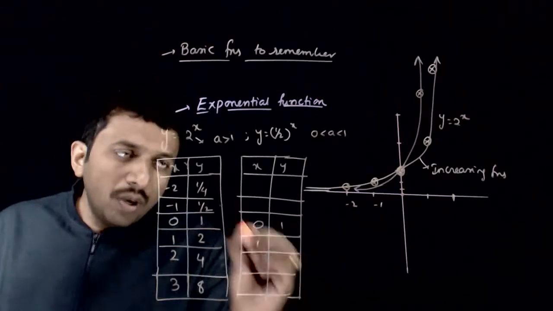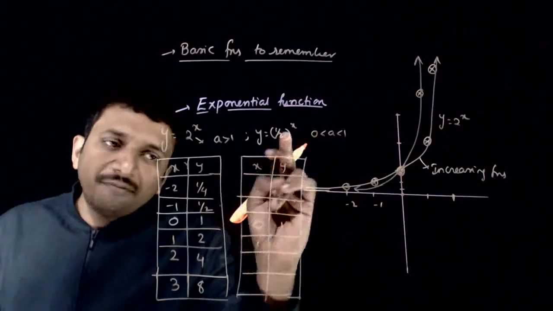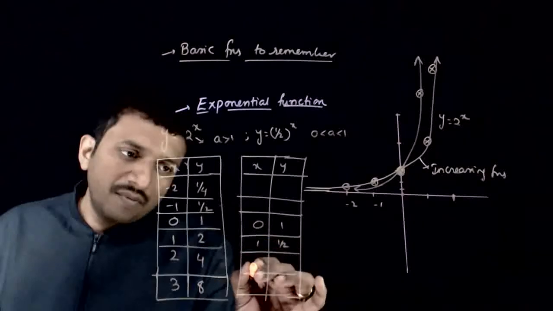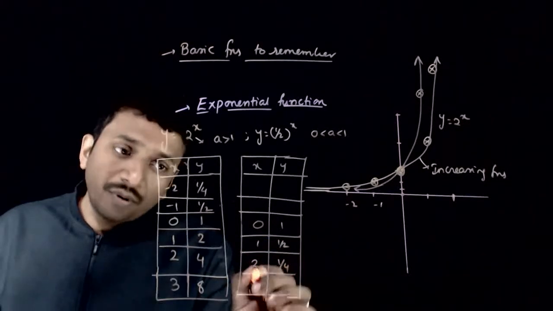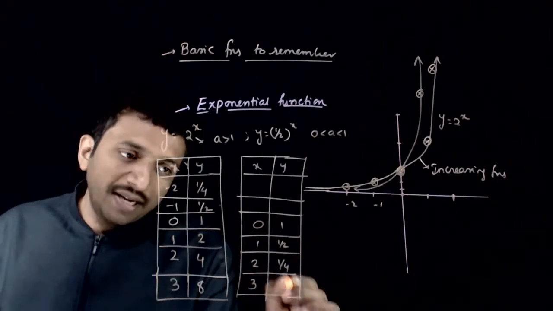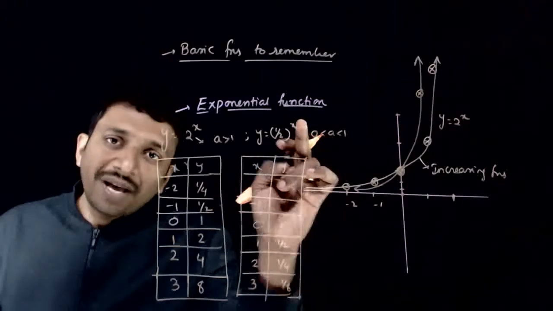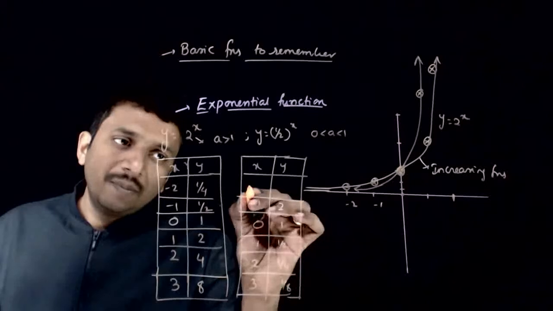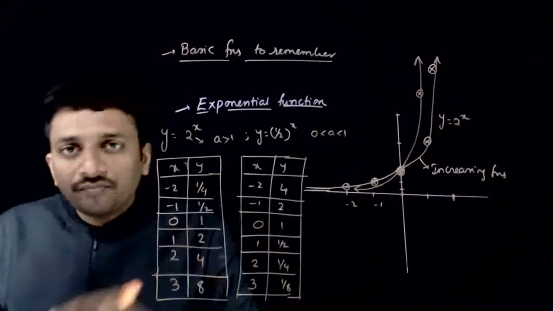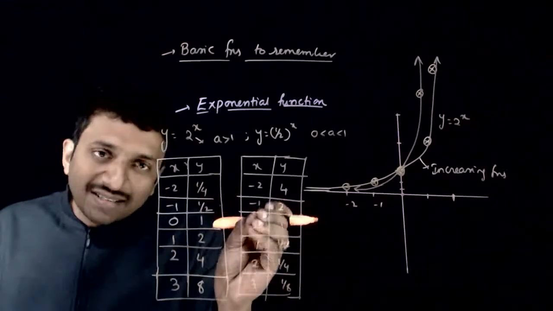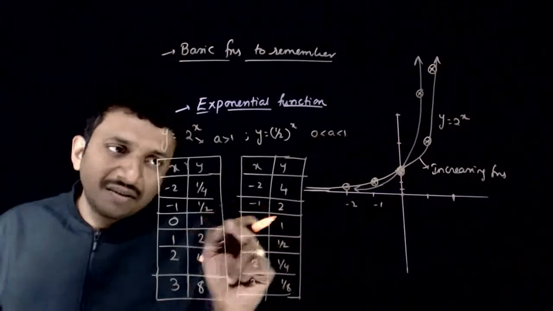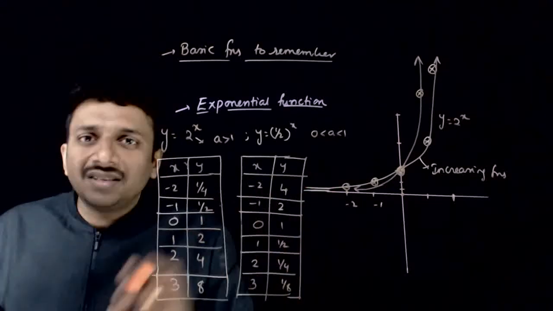When x is equal to 1, y is half power 1, which is half. When x is equal to 2, it is 1 by 4. When x is equal to 3, it is 1 by 8. Now when x is equal to minus 1, 1 by 2 whole power minus 1 is 2 power 1, it is 2. Minus 2 is 4. That is, if x is increasing, the value of y is decreasing. When x is decreasing, the value of y is increasing.